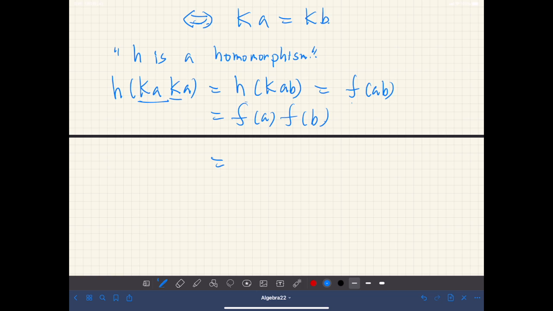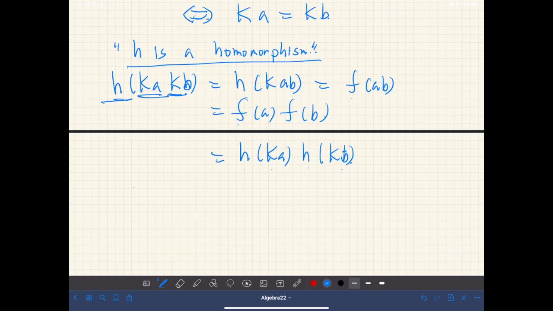Then by the definition of H, f of a is equal to H of Ka, and f of b is equal to H of Kb. So H of Ka times Kb is equal to H of Ka times H of Kb. Therefore, H is a homomorphism.